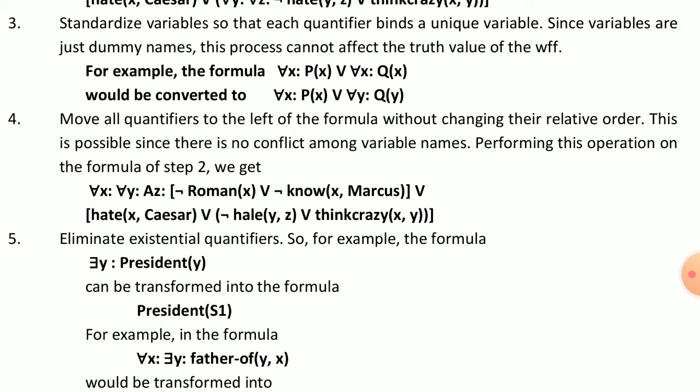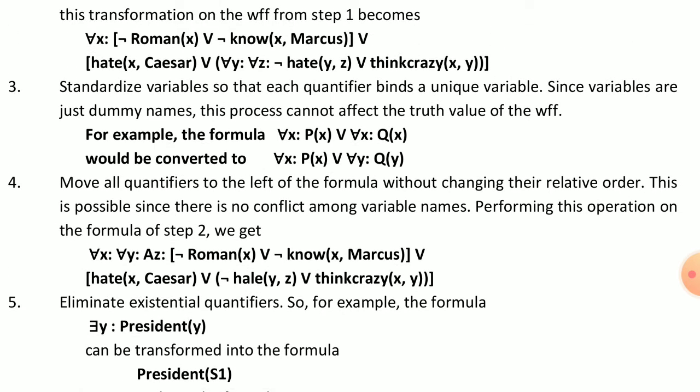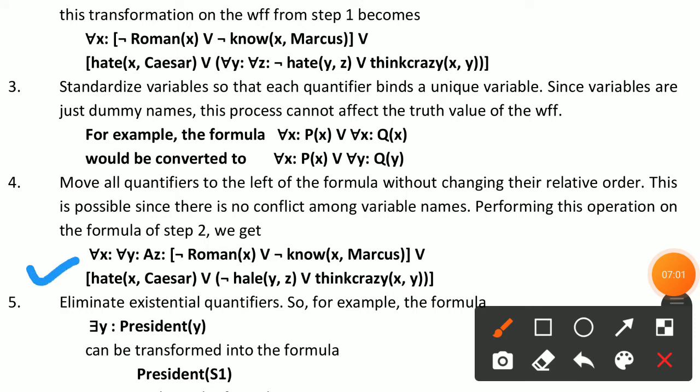So we write the equation from step number 2: for all x, all y and all z, not Roman(x) or not know(x, Marcus) or hate(x, Caesar) or not hate(y, z) or thinkcrazy(x, y).